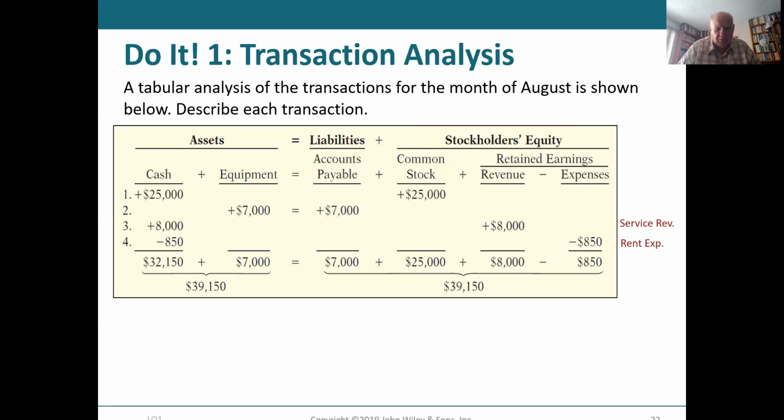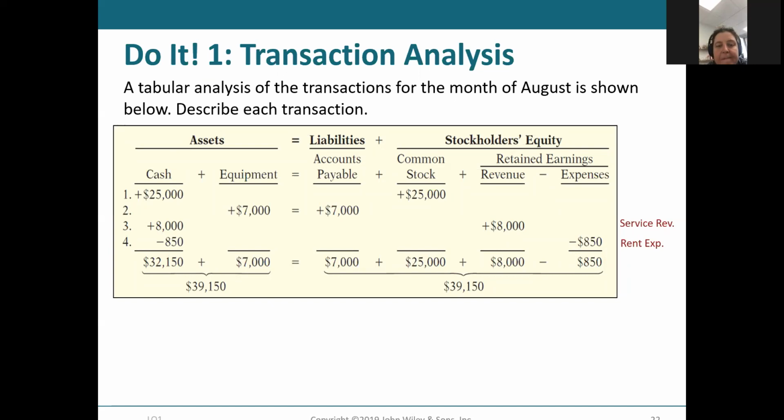The next one, cash went up 8,000 and so did revenues. To record sales. So we provided services, probably. To record provided services. That would be fine. Then the last one, we're just recording an expense. Let's assume we paid rent.